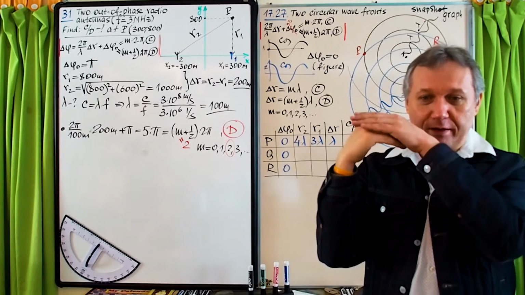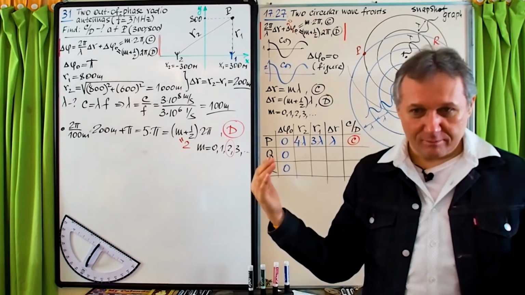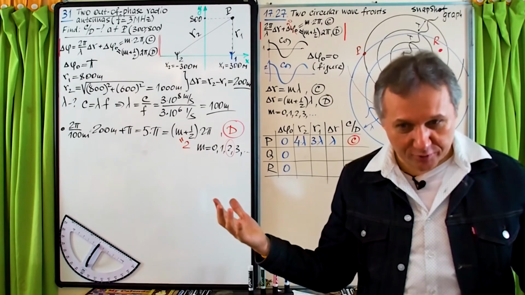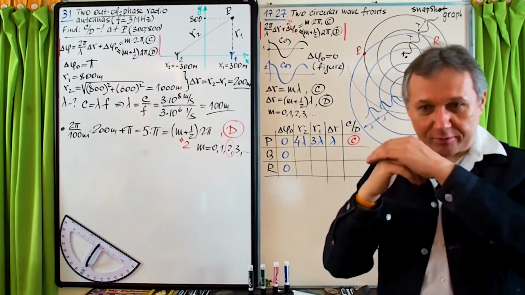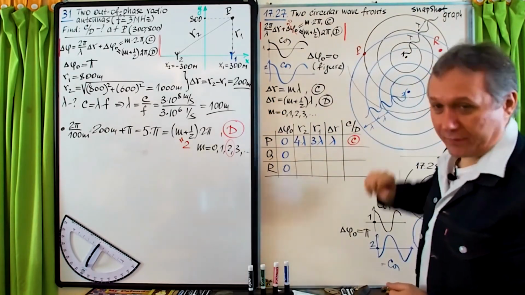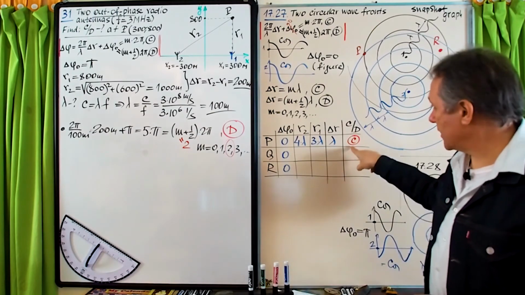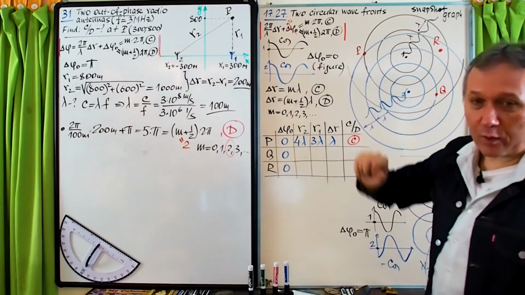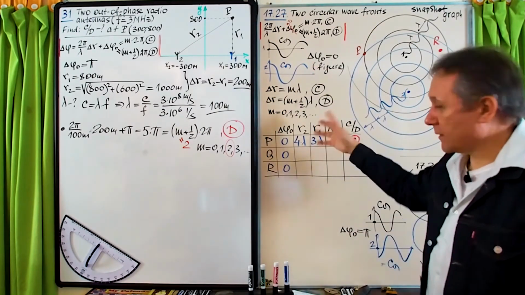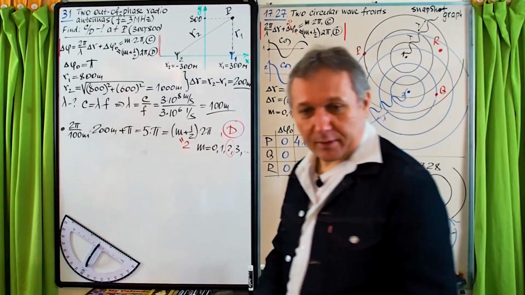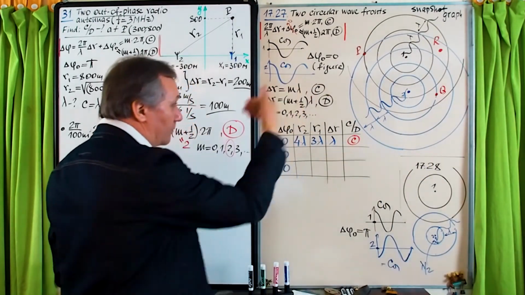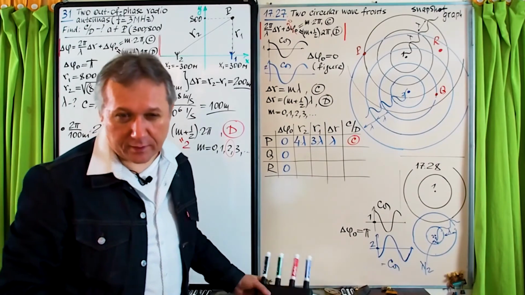Crest over crest is the condition for constructive interference. That's what we got using our condition and analyzing delta phi naught and delta R, but by just looking at the picture, you can answer it.